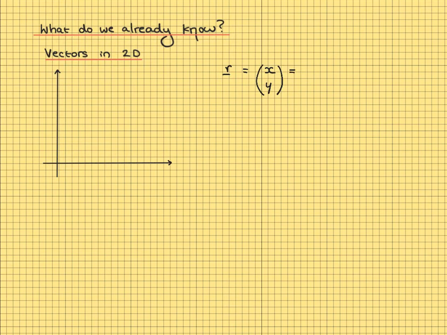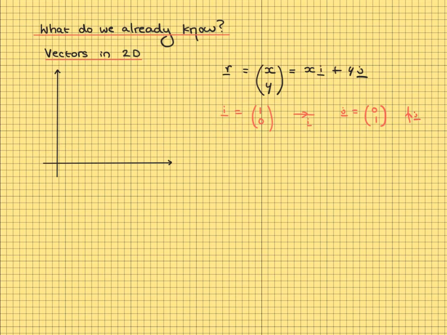So this column vector x, y can also be written as xi plus yj, where we can define i as the unit vector (1, 0), so 1 unit along like that, and j is the unit vector (0, 1), so it's 1 unit upwards like this. We're not using the squares on the page to represent 1 unit here.